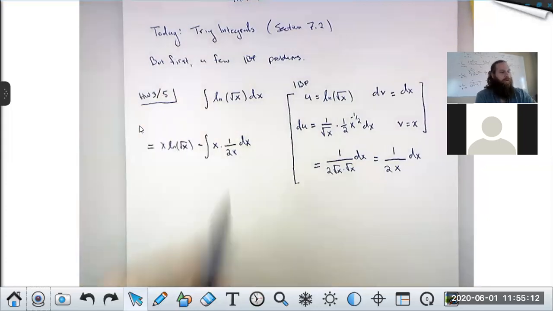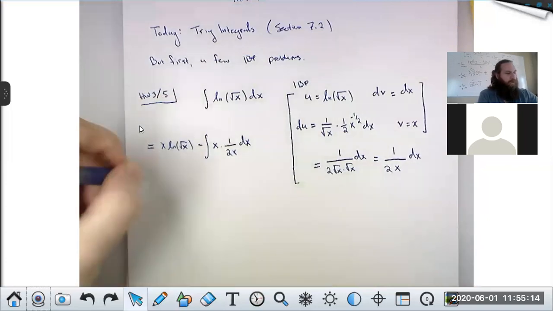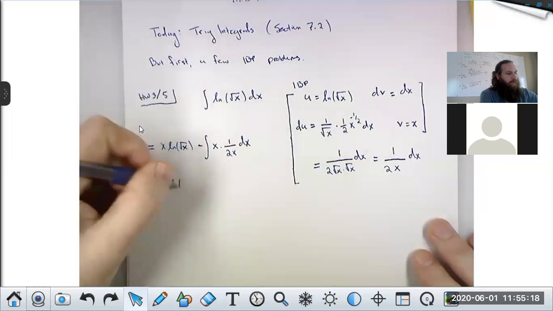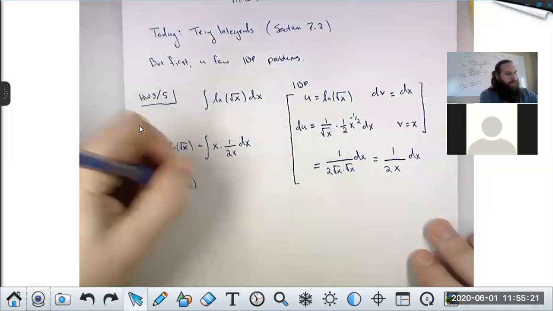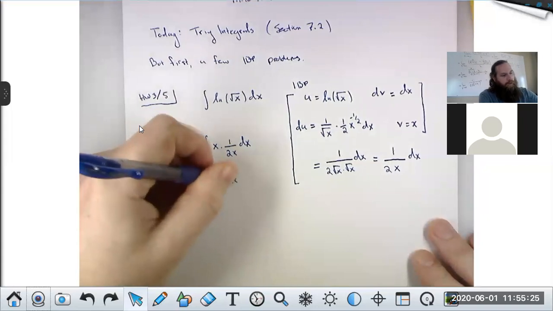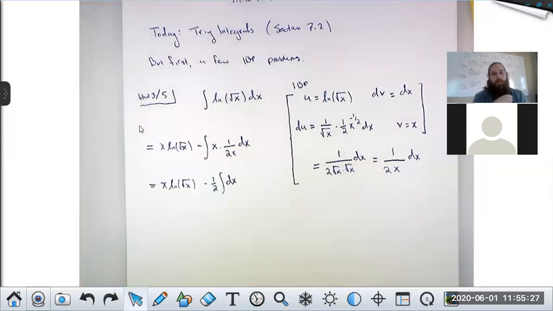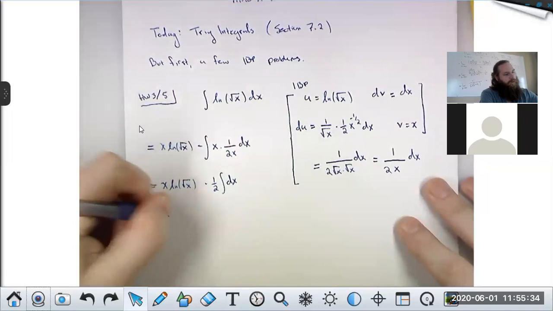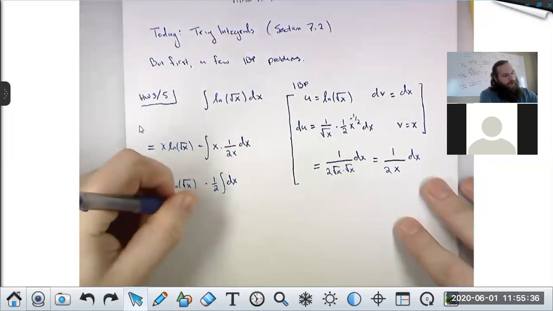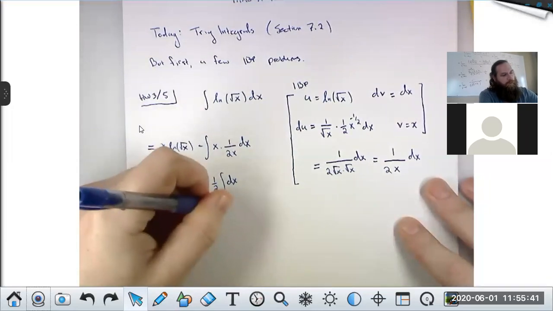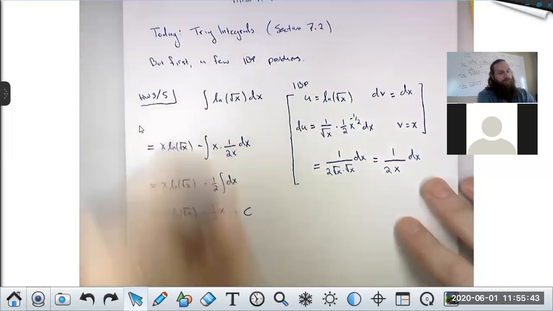So the x's here will cancel, and you get x times the natural log of the square root of x minus 1/2 integral of just dx. And the integral of dx is x. So this is x ln root x minus 1/2 x plus c.